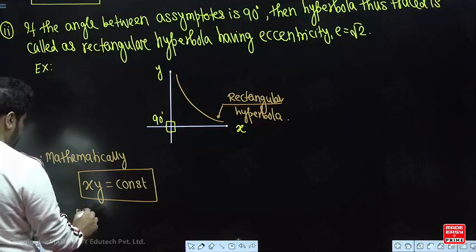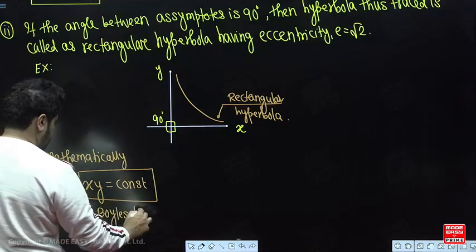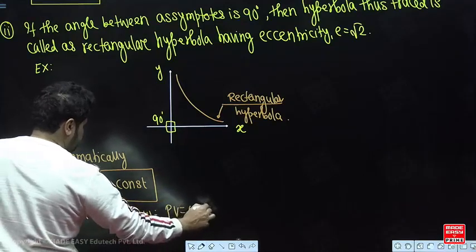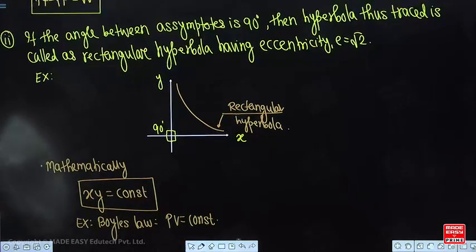For example, Boyle's law, that is PV is equal to constant, it will give you what? Rectangular hyperbola. So, rectangular hyperbola has the equation x into y is equal to constant.